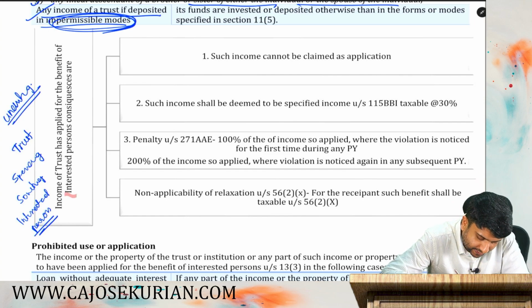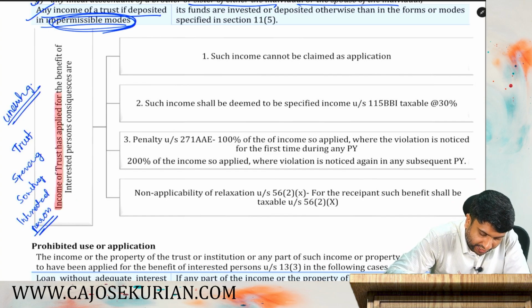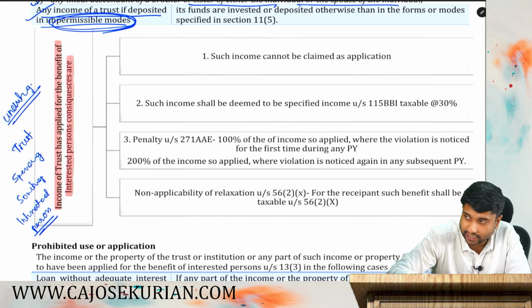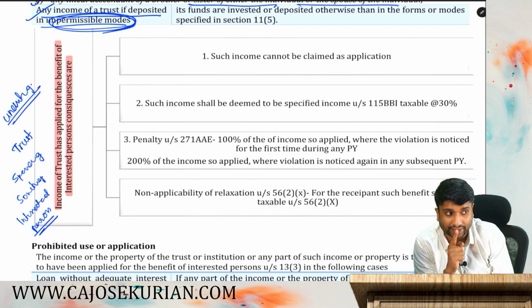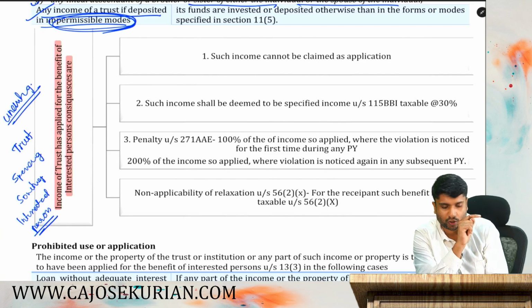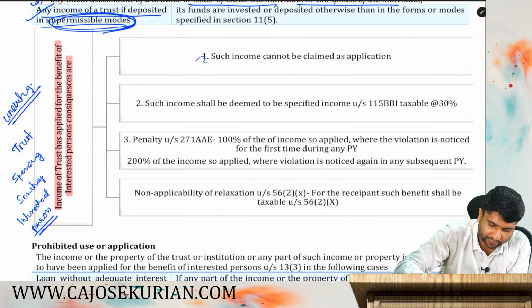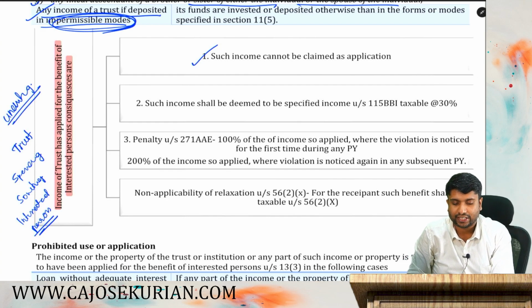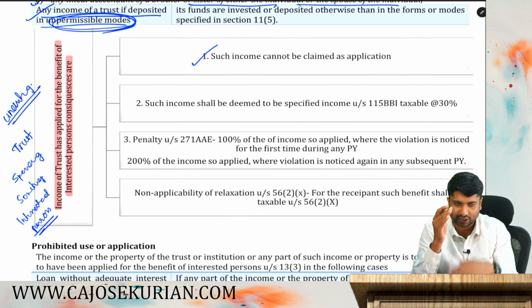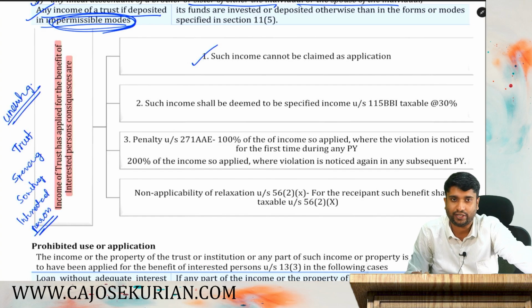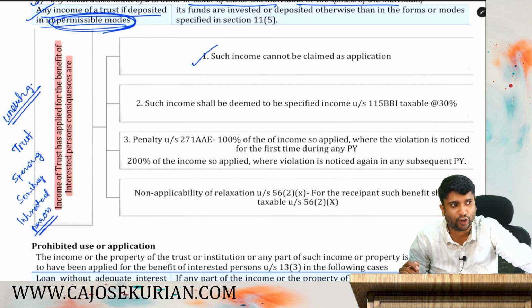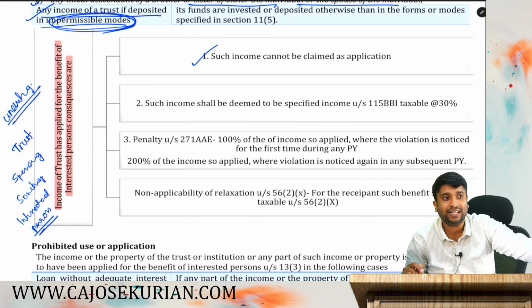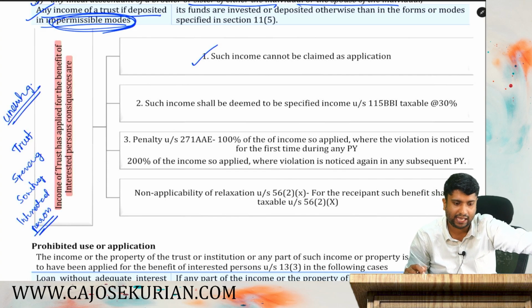Income of a trust applied for the benefit of an interested person has certain consequences. Now, let's understand what all the consequences are. First consequence: such income cannot be claimed as application. You are spending something for the benefit of an interested person. There is an outflow of money, but that cannot be called an application. You will not get the benefit of application.